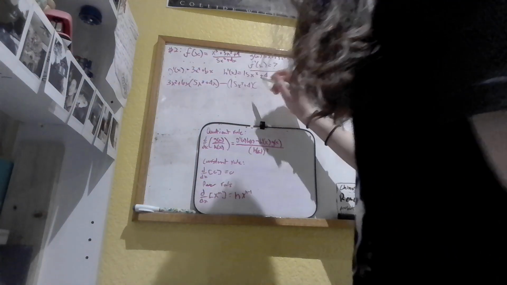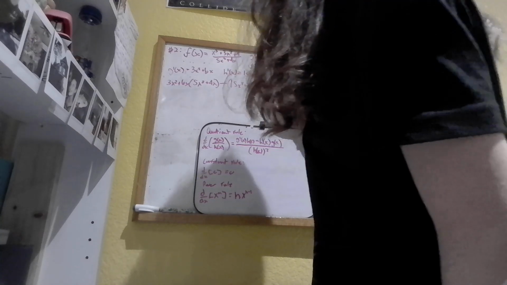We will take 3x squared plus 6 and multiply it by 5x cubed plus 4x and subtract from it the derivative of h of x multiplied by g of x, all divided by 5x cubed plus 4x squared.